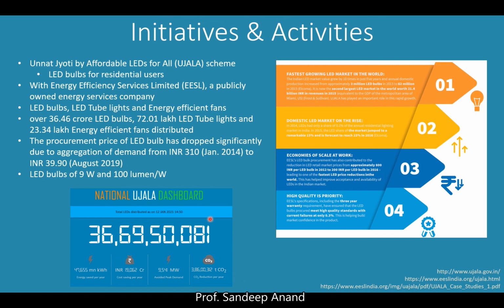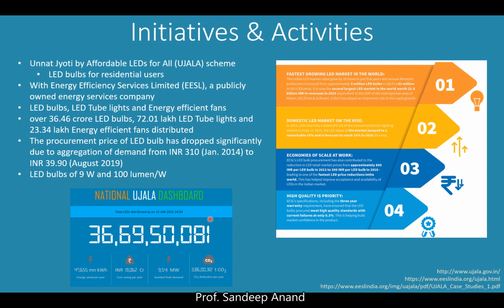So this was, I think, the basic idea behind the government's push to utilize energy efficient bulbs and fans. If you see, over 36.4 crores of LED bulbs, 72 lakh LED tube lights, and 23 lakh energy efficient fans were distributed. There were a lot of advantages of doing this.